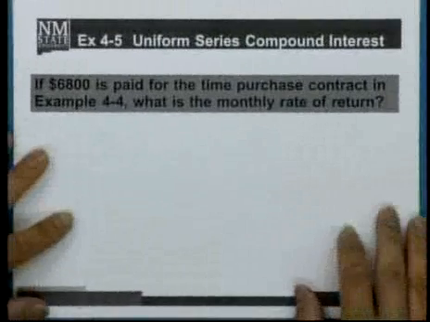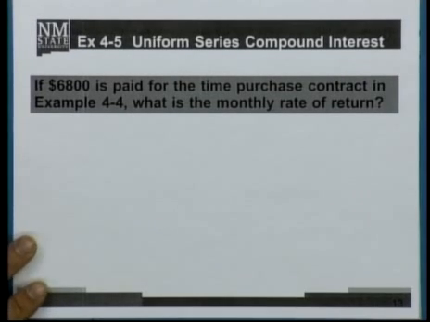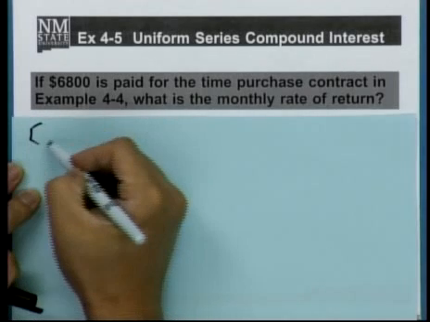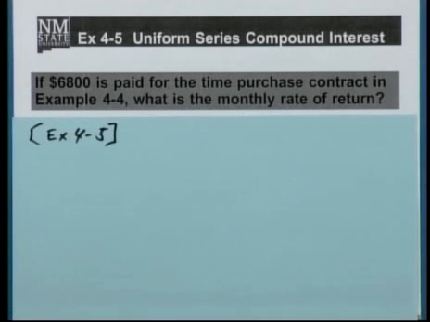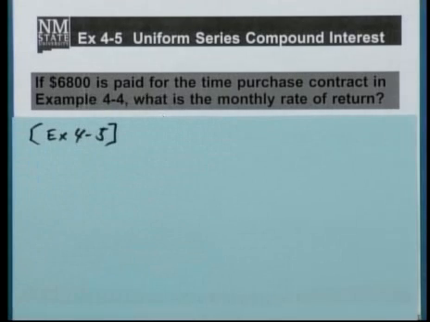Okay, then next, let's take another example. Example 4-5. If $6,800 is paid for the time purchase contract in Example 4-4, what is the monthly rate of return? Okay, so here we are working on Example 4-5. Now the situation is the present sum P is given as $6,800 and the monthly payment for the next 5 years, which means for the next 60 months, is $140.